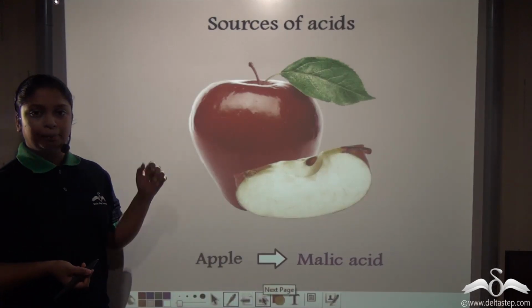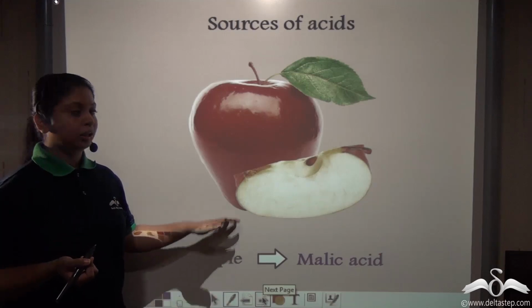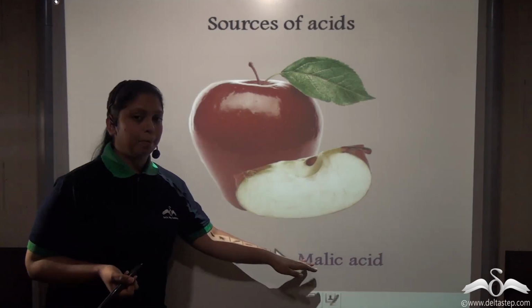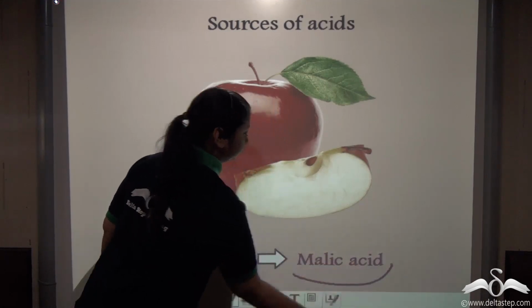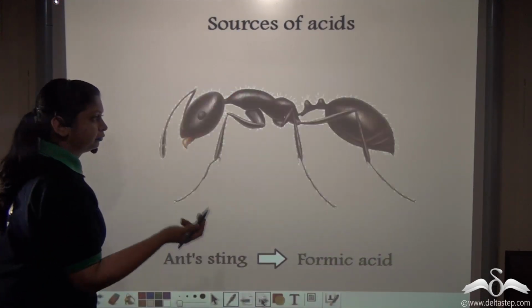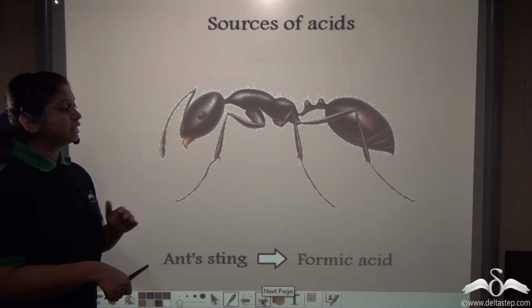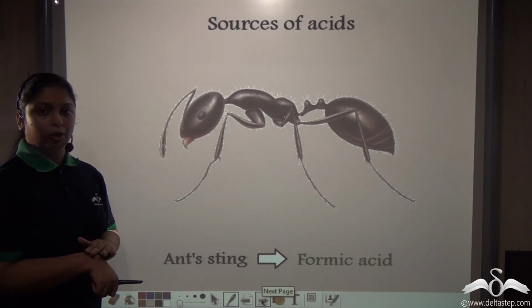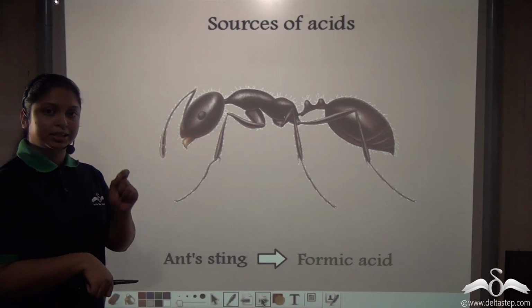Now, fruits like an apple, even this contain acid, and the name of acid contained in an apple is known as malic acid. Now, not only fruits and vegetables, even the sting of an ant, which pains a lot, that is due to an acid which is present in the ant's sting.